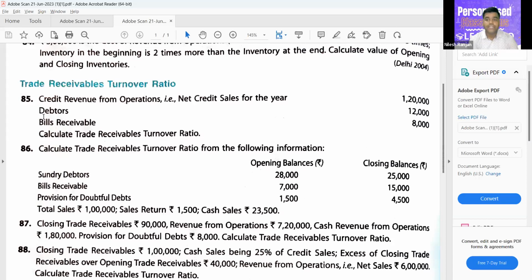Sorry, not total sales, net sales, because first we have to subtract the sales return from total sales, and then we will deduct cash sale from the balance. So we will get our net credit sales, and it will be 75,000.